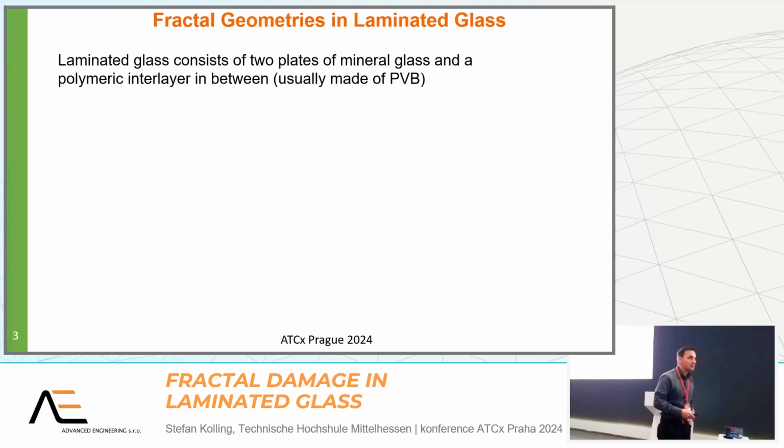In laminated glass, fracture also occurs because of damage within the glass. Here we consider a laminated glass. A laminated glass is a windscreen, for example: two panes of glass and a polymeric interlayer in between, which is usually PVB, polyvinyl butyral.